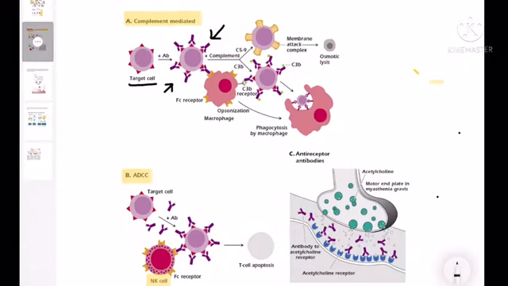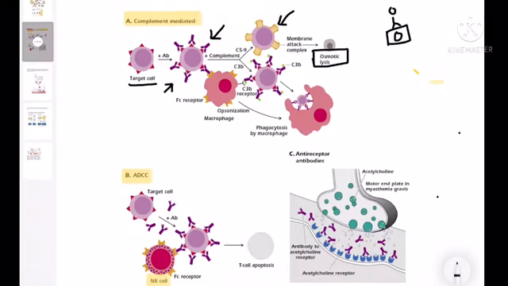Then there will be activation of different sorts of complement system. These are the complement systems, and they cause lysis or osmotic lysis of the cell. How? I said this is the cell, this is the antibody.